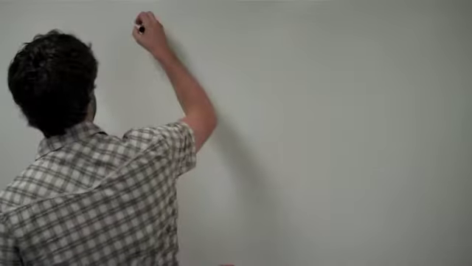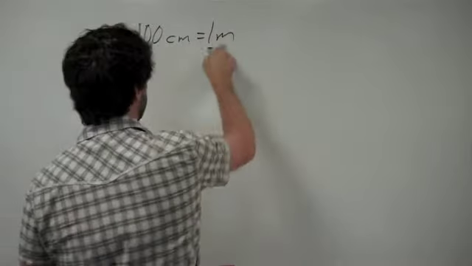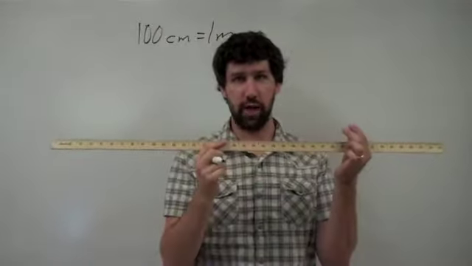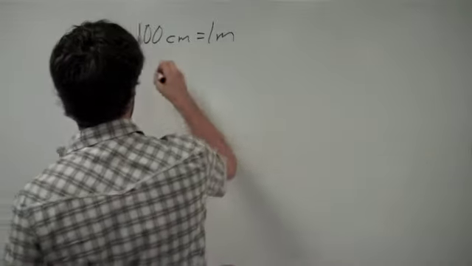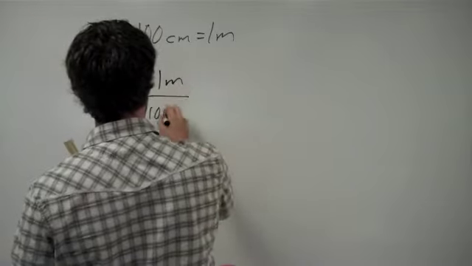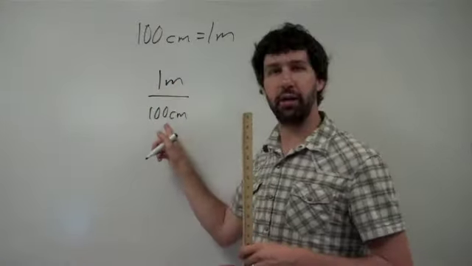So, if I look at just the centimeters, 100 centimeters and 1 meter, they're exactly equal lengths. Okay? Which means if I divide them, if I say I've got 1 meter divided by 100 centimeters, I'm dividing one length by the same length.